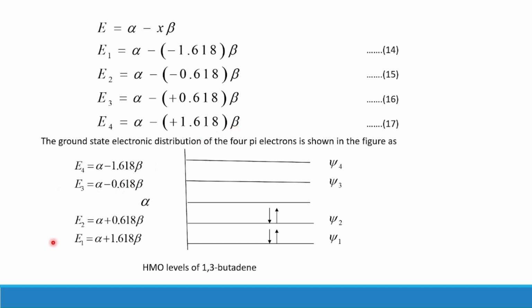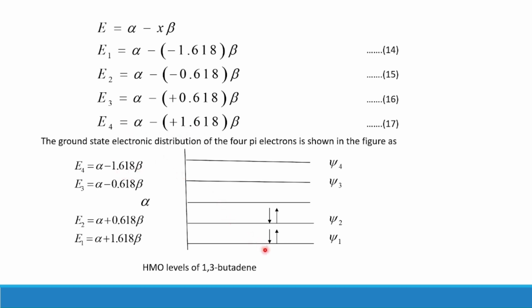If we solve it, we see the increasing order. E1 is alpha plus 1.618 beta, that is the most stable one, the first energy level. Then the second energy level, alpha plus 0.618 beta, and E3 is equal to alpha minus 0.618 beta, and E4 is equal to alpha minus 1.618 beta.